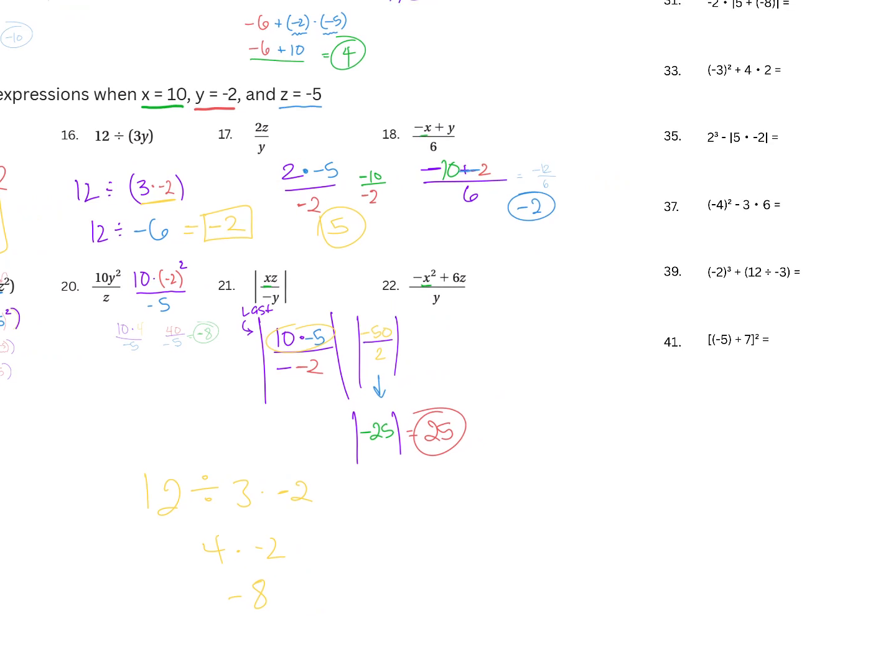We have negative, and then we do parentheses because that's what our x is. 10 squared. Okay, I kind of got lost there for a second. Plus 6 times negative 5 all over negative 2.